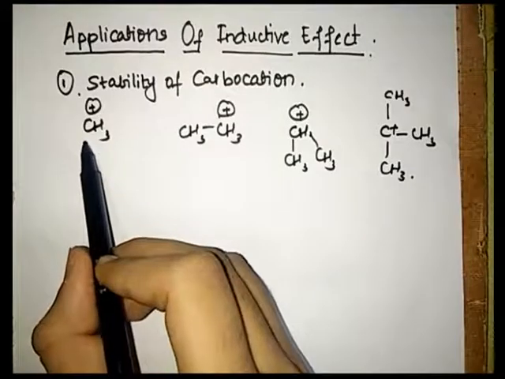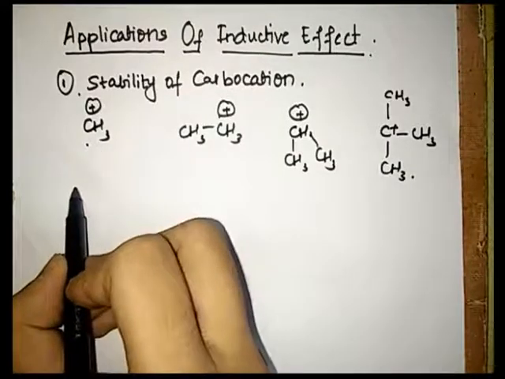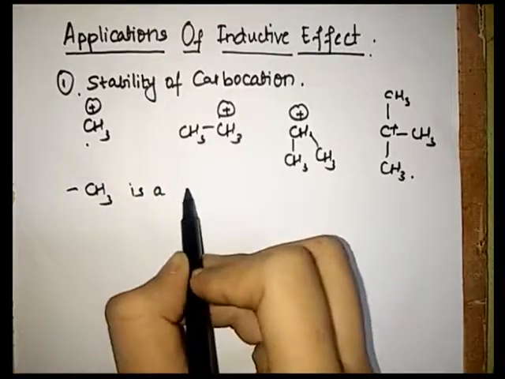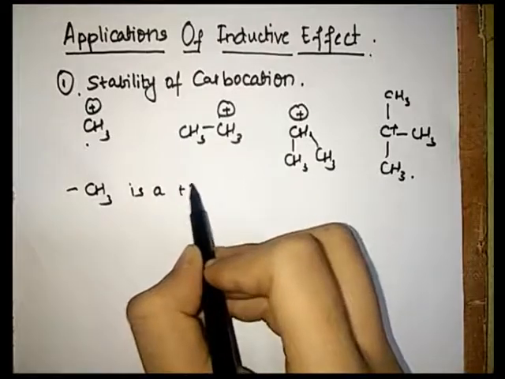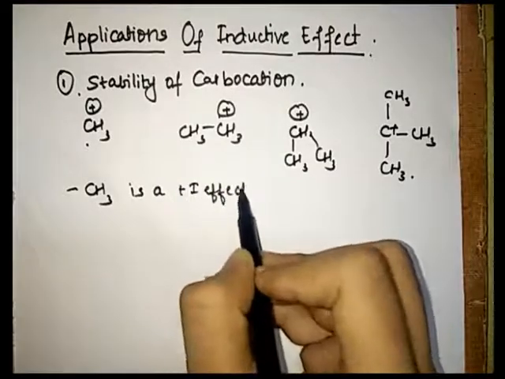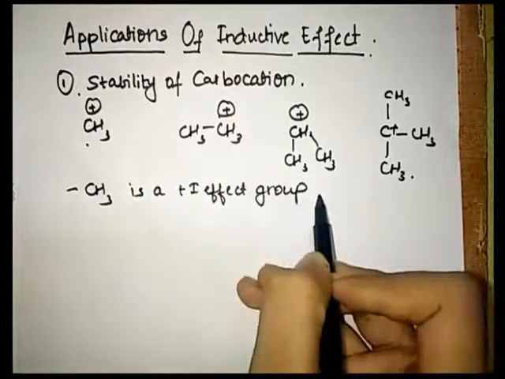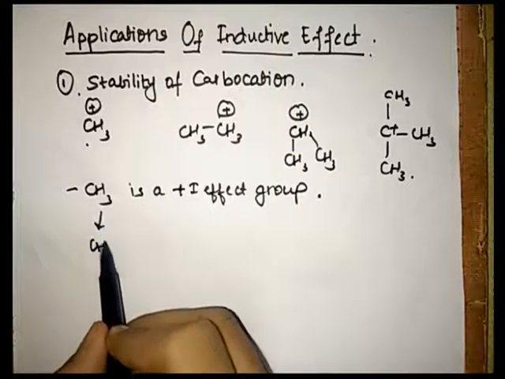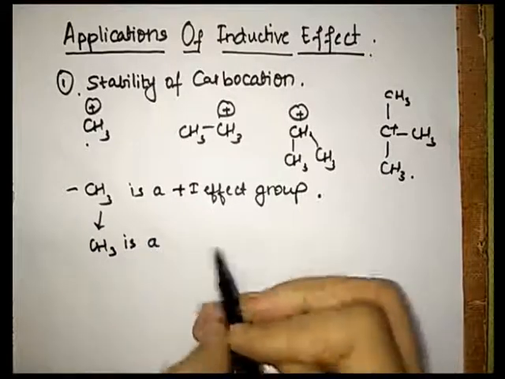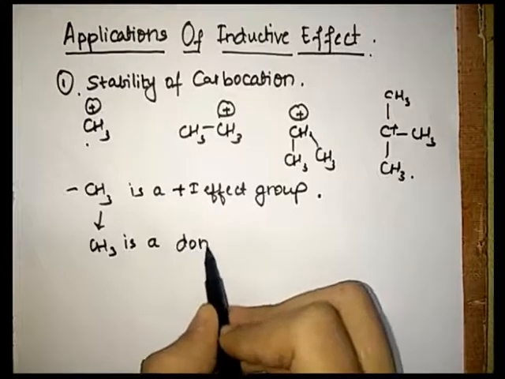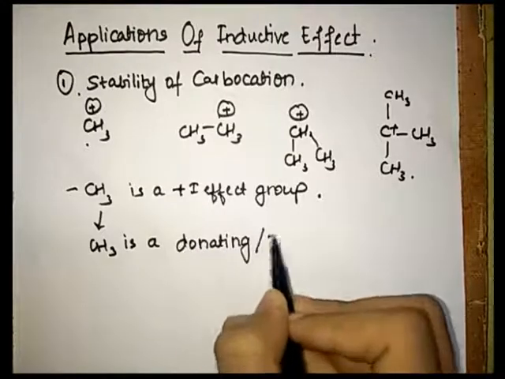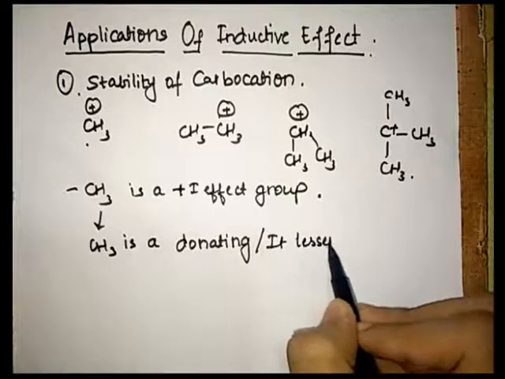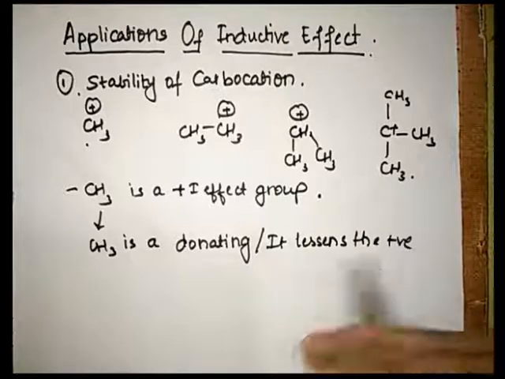Now we know that the CH3 group is a plus I effect group. What does this mean? This means CH3 is a donating group, or it lessens the positive charge.